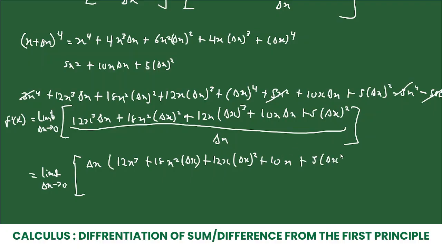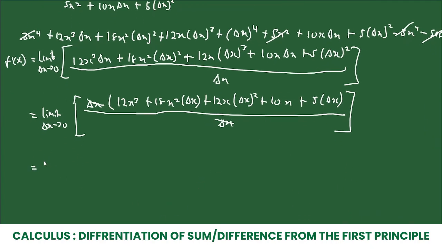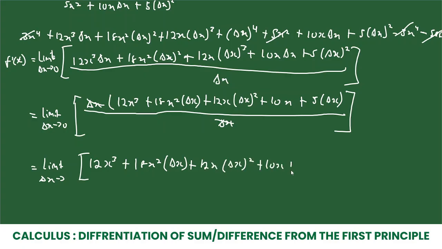Still have changing x left, all over changing x. So this is going to cancel this, right? So we are going to have the limit as changing x approaches 0 of 12x cubed plus 18x squared changing x plus 12x changing x squared plus 10x plus 5 changing x, right?